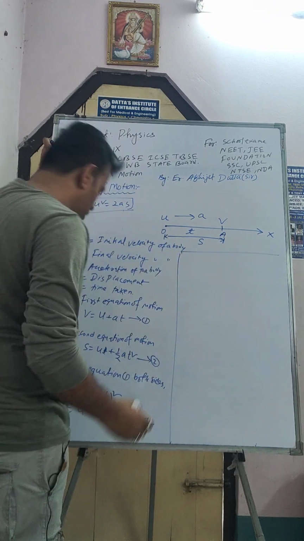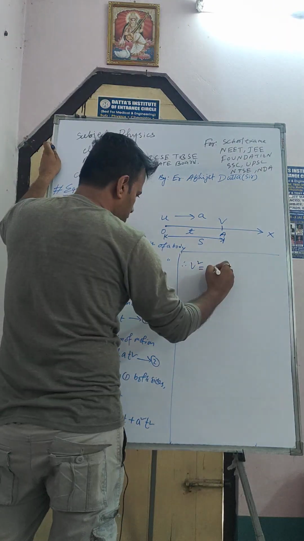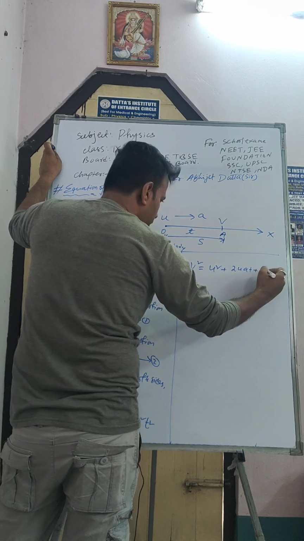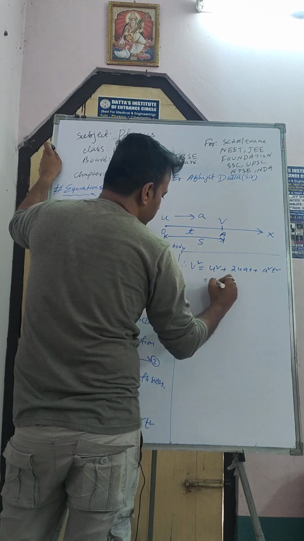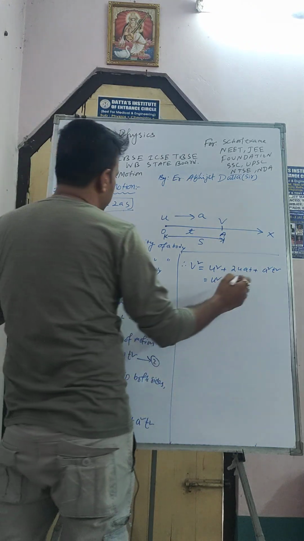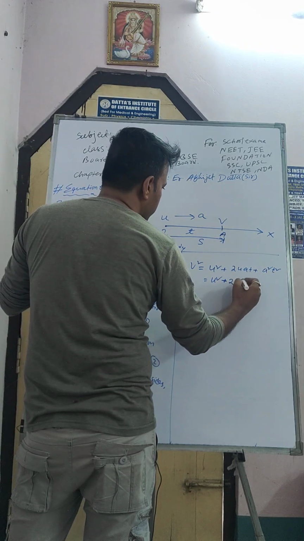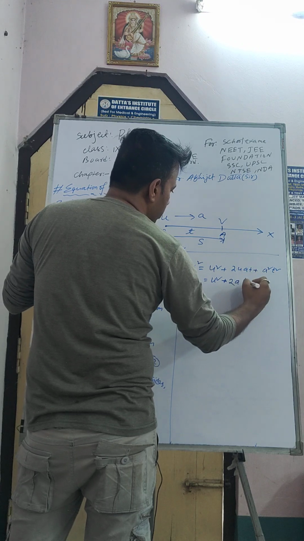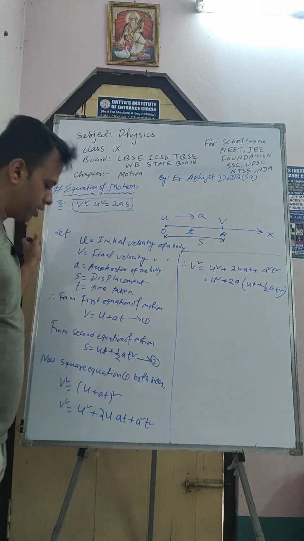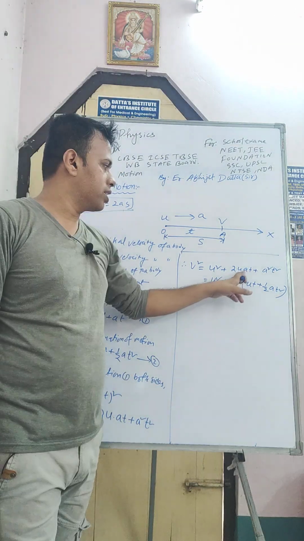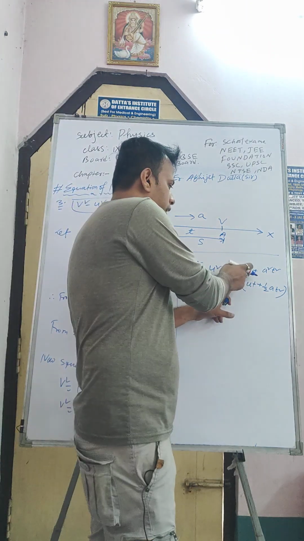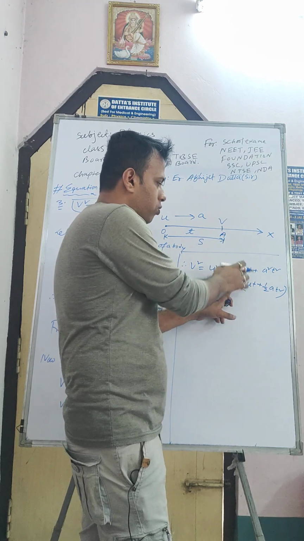Coming here, this is v square equal to u square plus 2uat plus a square t square. Now look here, if I take 2a common, it will be ut plus half at square. Here a is common, so if I take 2a common, a comes out and 2 comes out, what is left is ut.